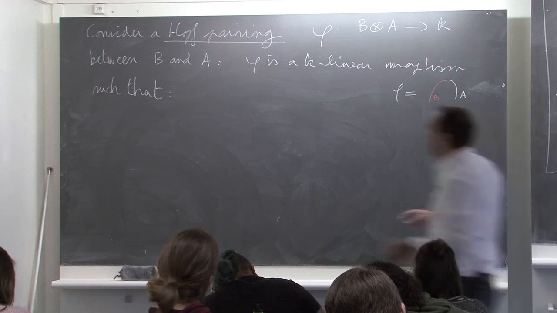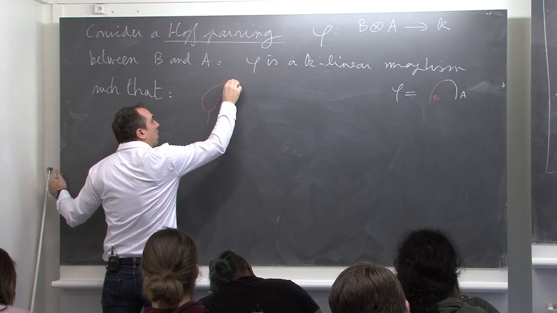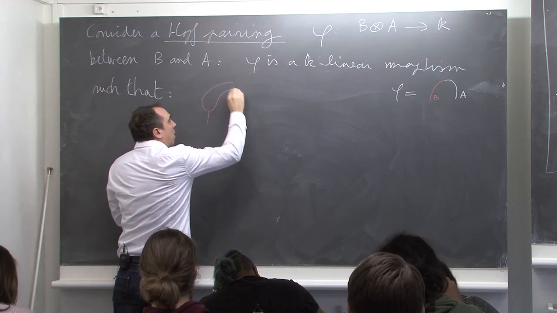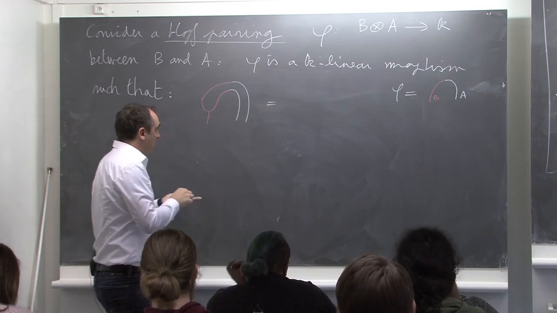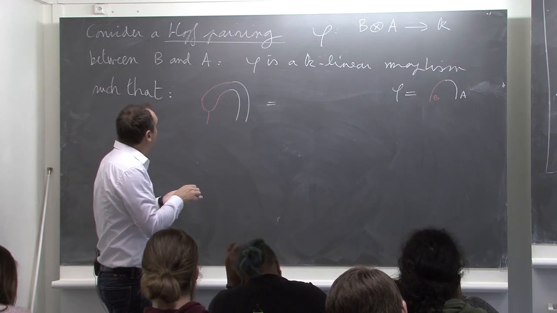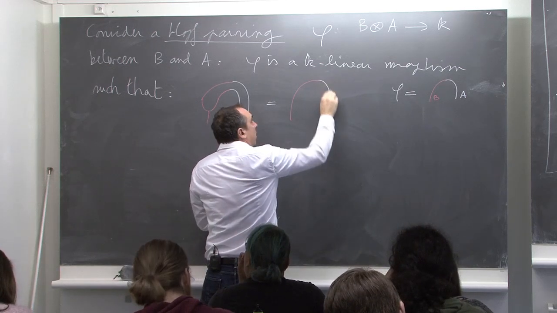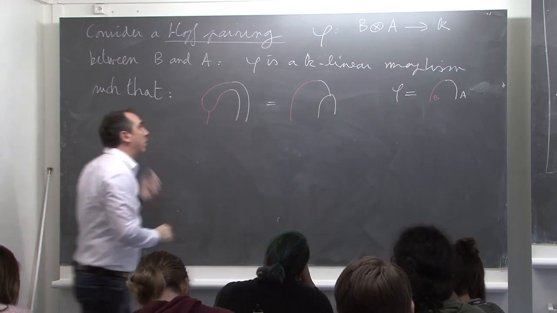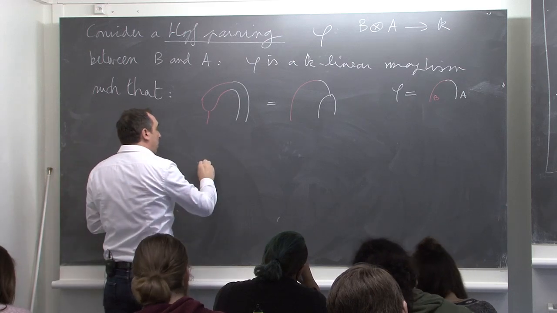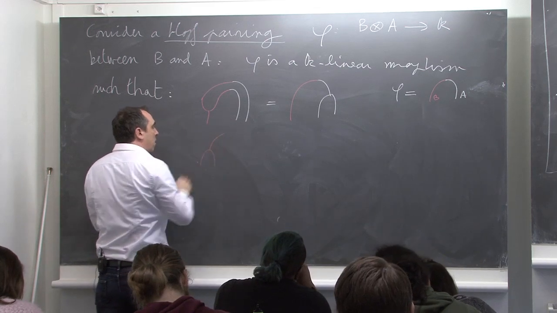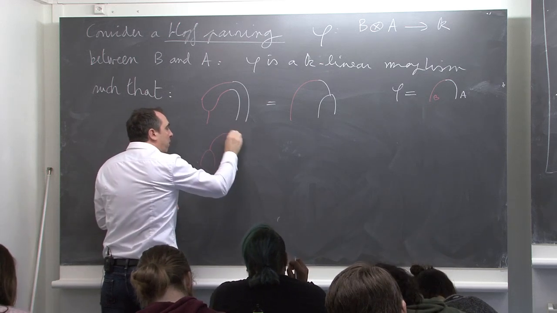Okay. So what do I want? I want, if I take the coproduct and then twice, I want this to be equal to first this, and then I take the product, and then the pairing.